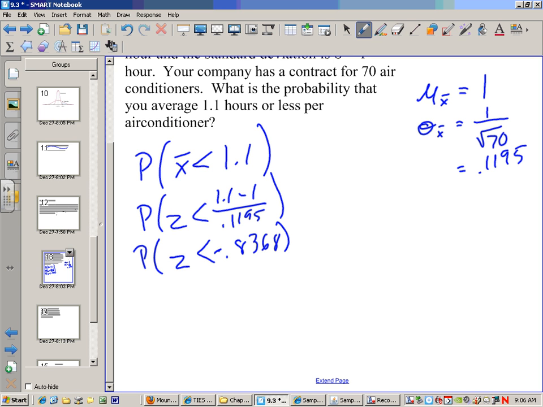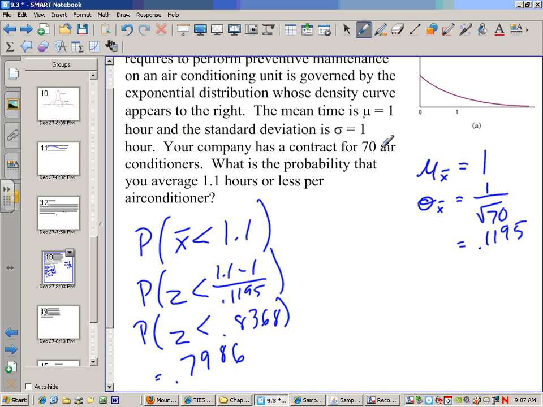No, it would be positive. I'm sorry, I looked at the problem wrong. So we're going to go from negative big number all the way up to 0.8368. So this probability is 0.7986. So there's almost an 80% chance that we get through all 70 air conditioners in 1.1 hours or less as an average per air conditioner.